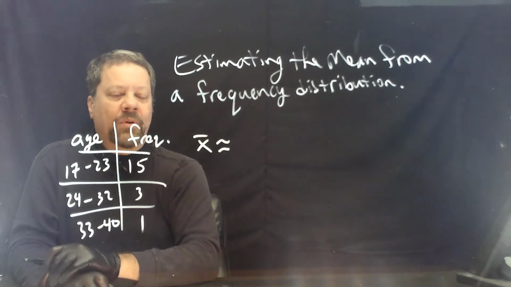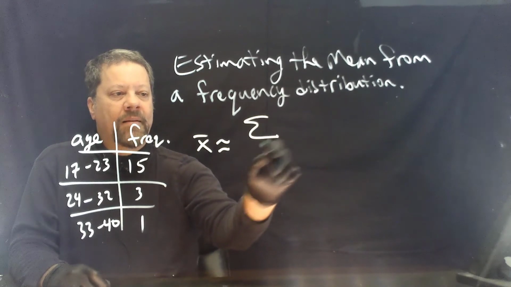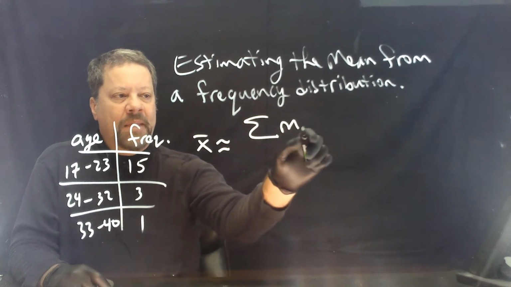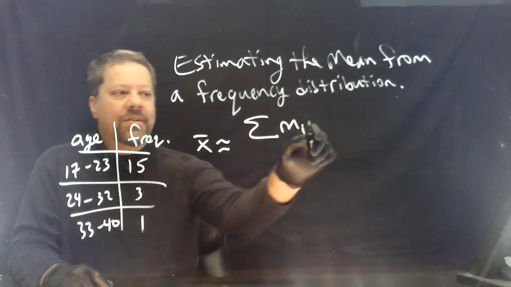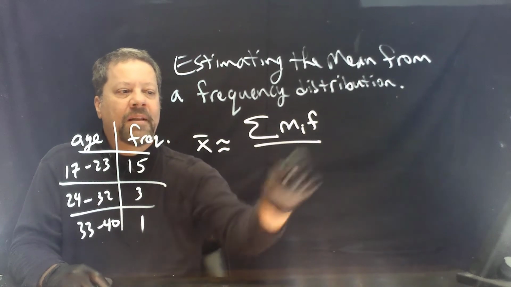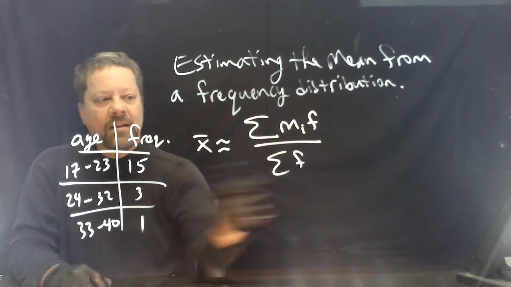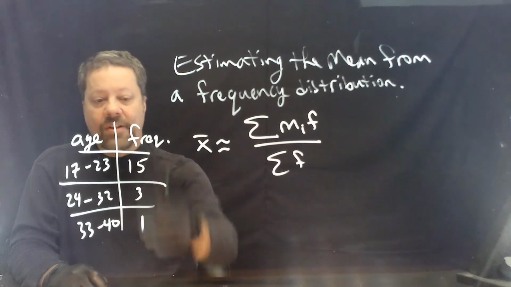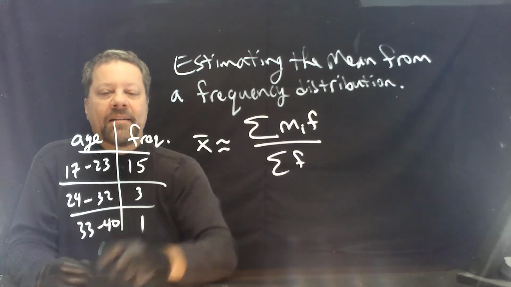is we're going to estimate that mean by adding up the mean of each of these categories times the frequency divided by the sum of those frequencies. If you sum the frequencies, that gives you the total number of data points, which is typically how you calculate the mean anyway.